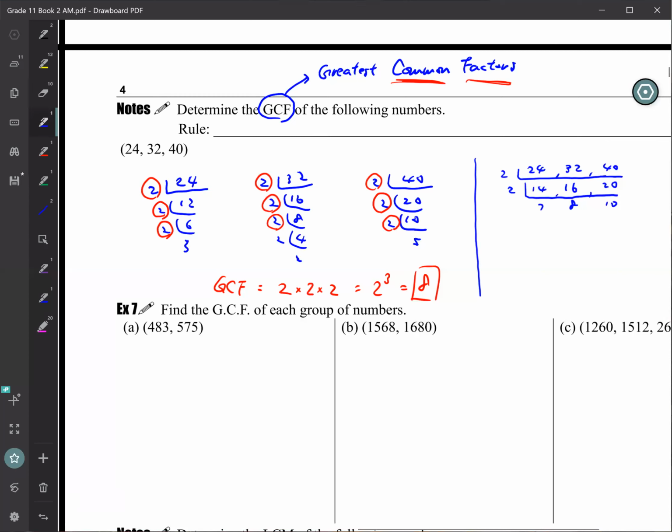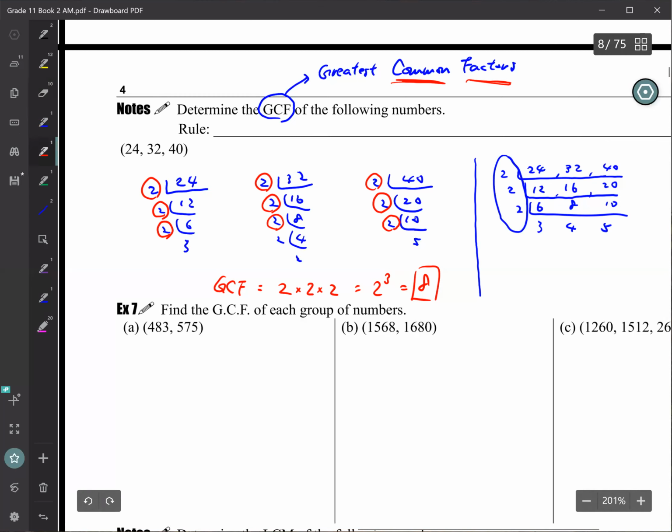What did I miss? 2, 24, 32, 40. It's supposed to be 12, not 14. Oh, yeah. Thank you. Good eye. You're having hawk eye. 12 and then 6. So 2, 3, 4, 5. All right. So you just pick the numbers on the left side. Everything on the left side, that's the common factors. So that also gives you the 8.